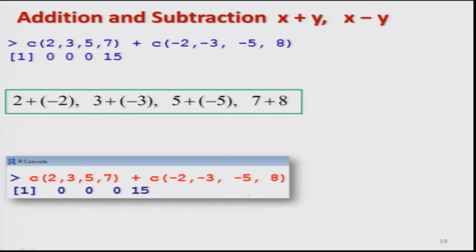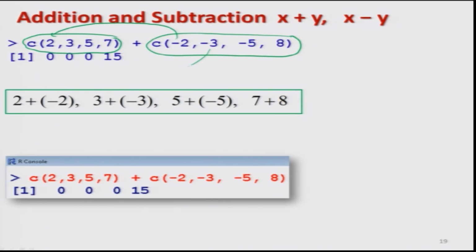Similarly, when I am trying to add 2 vectors, I take a vector of 4 elements and another vector of 4 elements, and when I add them, the first is added to the first, the second to the second, the third place is added to the third place, and so on.